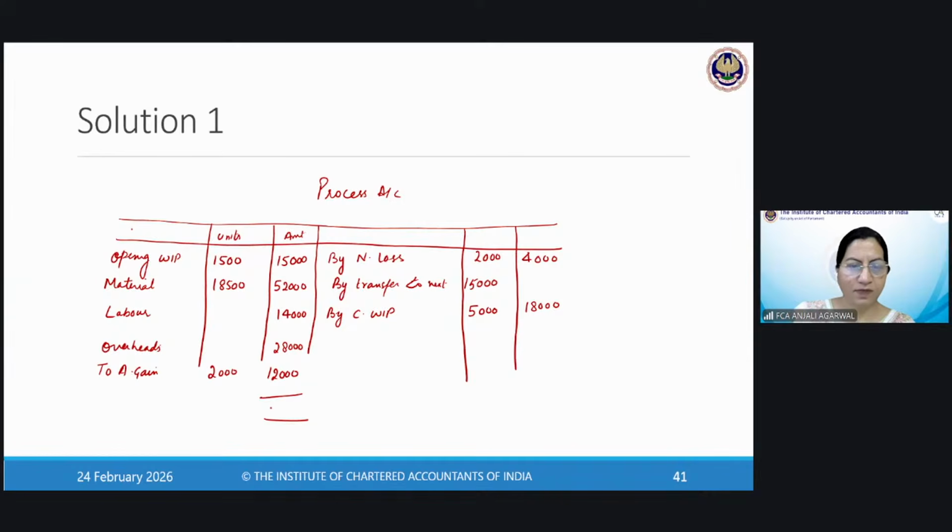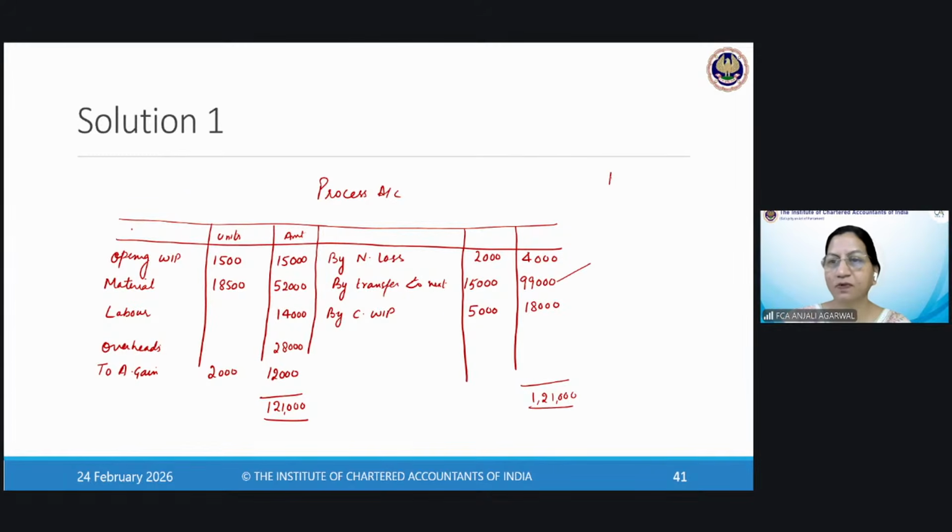So this comes out to be 1,21,000. So transfer to next process should also be the balancing figure. Let's say minus 22,000. Anything that we are missing? No, I guess. So it should be 99,000. Let's see how it is 99,000.